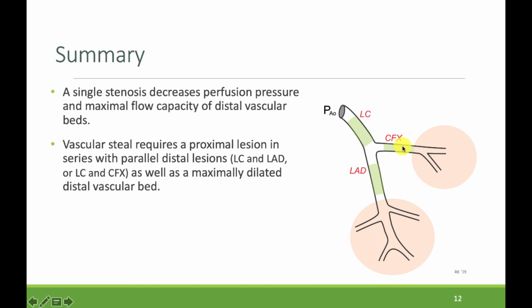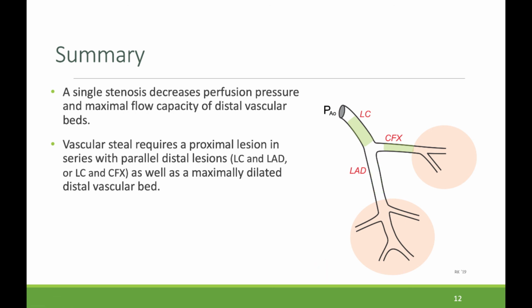It could either be in the circumflex or in the LAD. If it's in the LAD, then if you have the distal vascular bed supplied by the LAD that's maximally dilated, then you have the condition set up for steal, where as blood flow increases here, it would decrease the flow here.